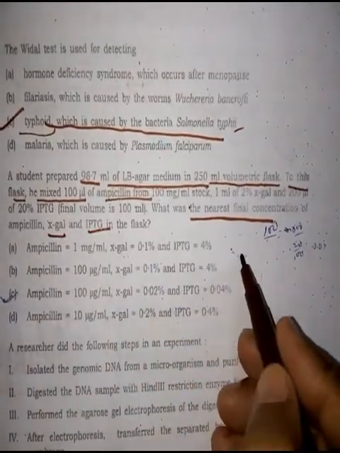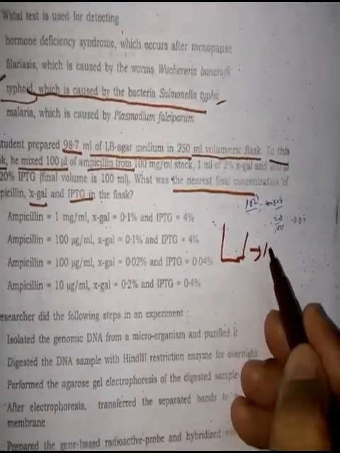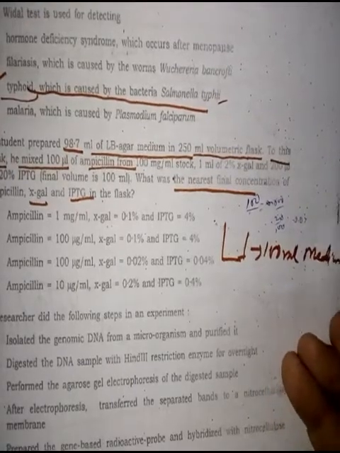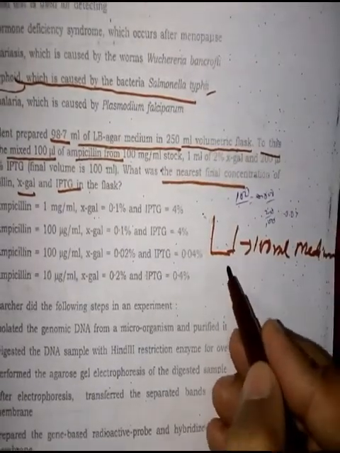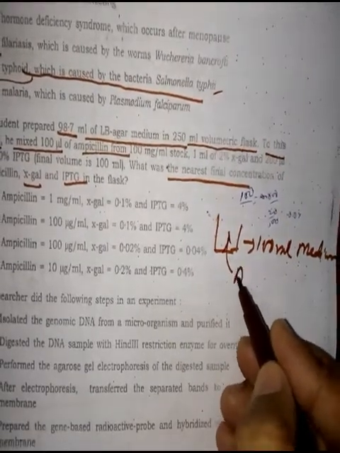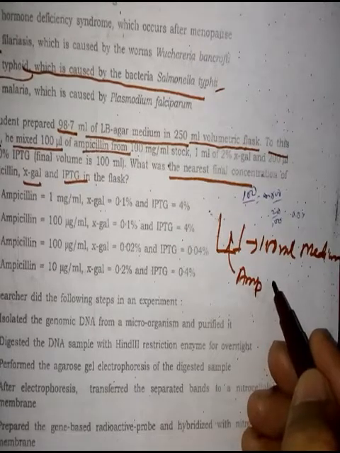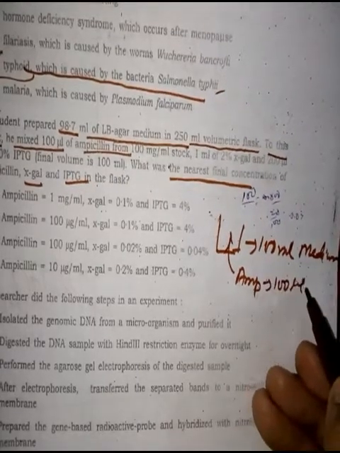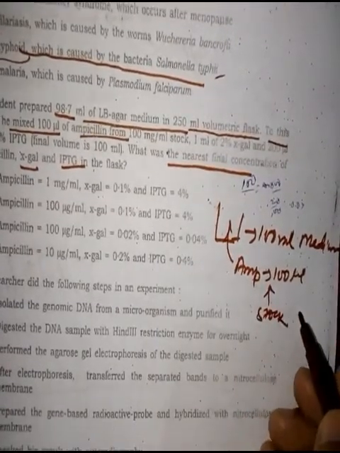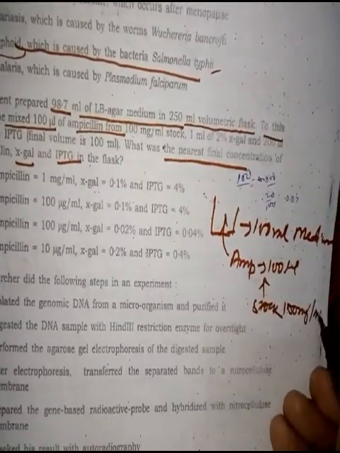So the question is that one beaker is there, which has 100 ml of media, and ampicillin needs to be added, a total of 100 microliter from a stock of 100 mg per ml.